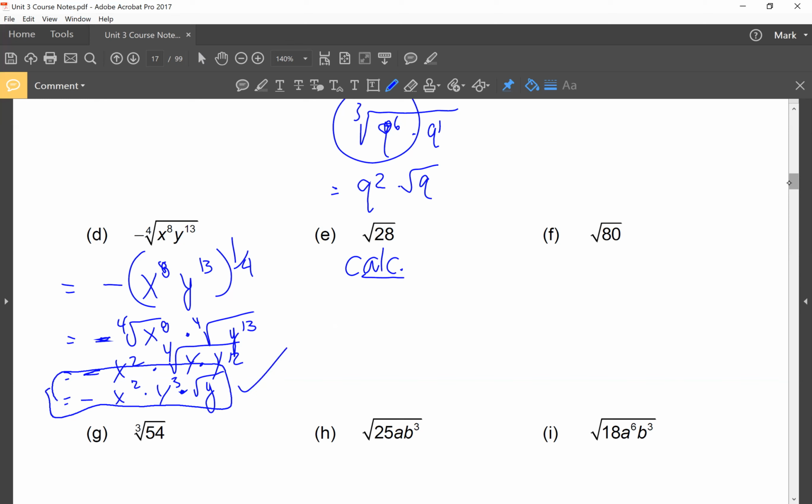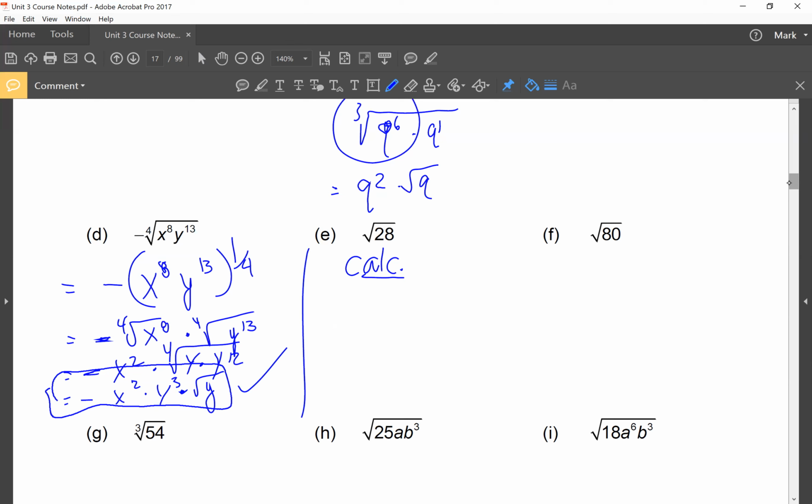Nope. This is the answer. Negative x squared times y to the power of 3 times the fourth root of y. There's nothing else I can do. I don't know where you're getting a 4. This is the answer.